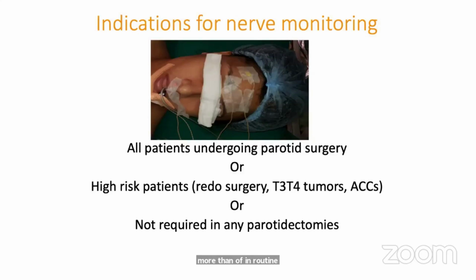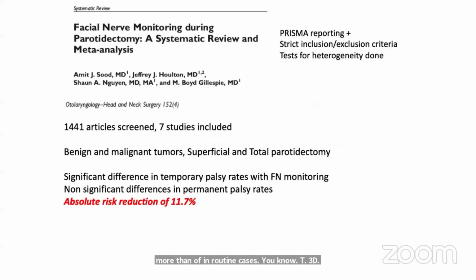It is most often used in those situations. But there is no compelling evidence. If you don't have a nerve monitor, it's not going to be a major issue. We can still go ahead with our routine parotidectomy without the nerve monitor. It's absolutely fine. But sometimes you tend to use these nerve monitors even for medico-legal purposes as well.